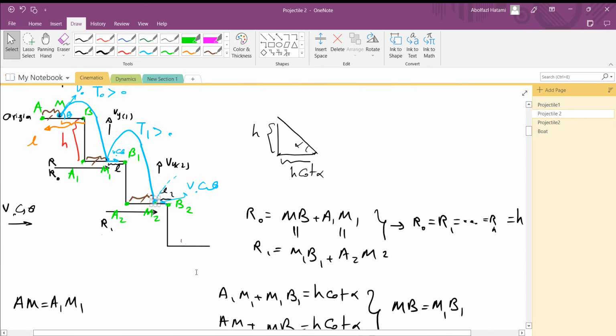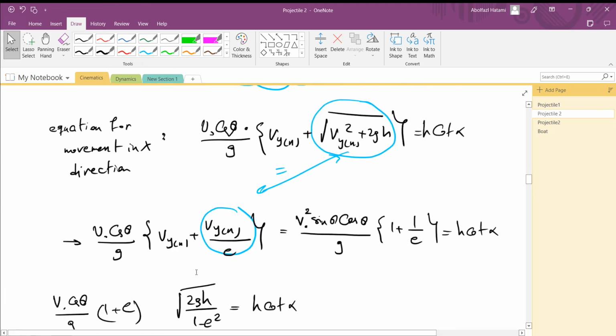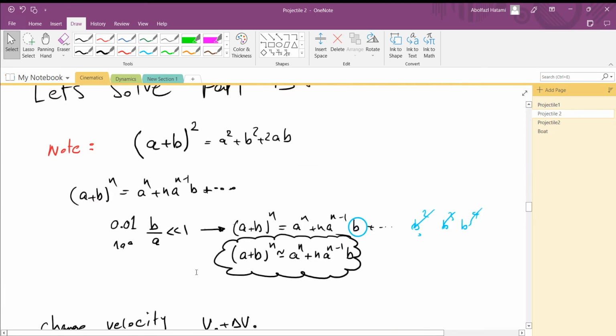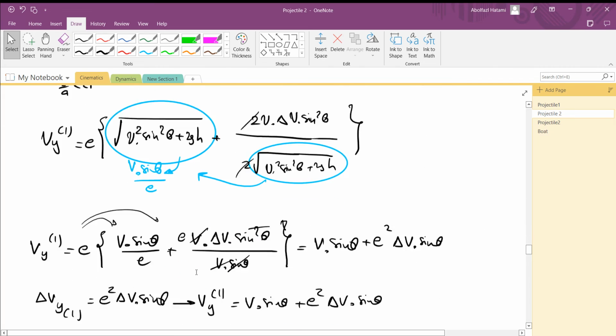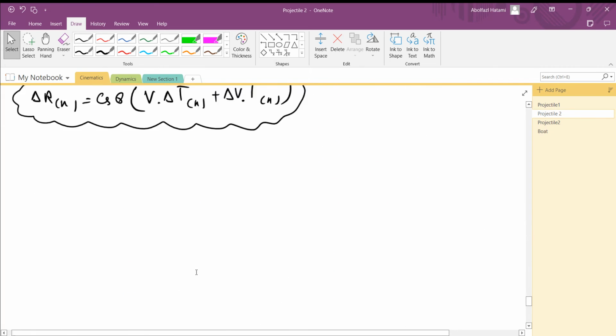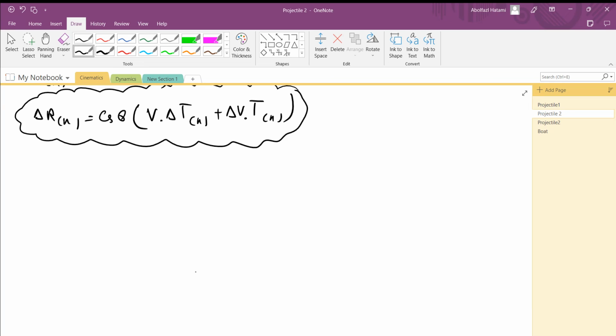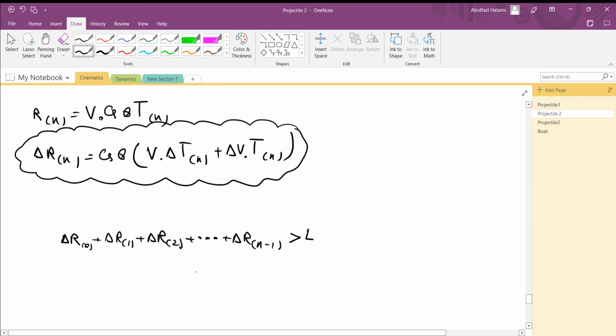So I can write these words as a mathematical expression: delta R0 plus delta R1 plus delta R2 plus until delta Rn minus 1 should be greater than L. Why?